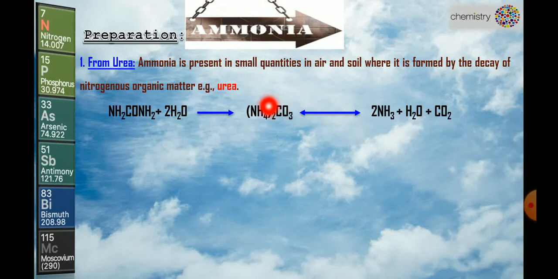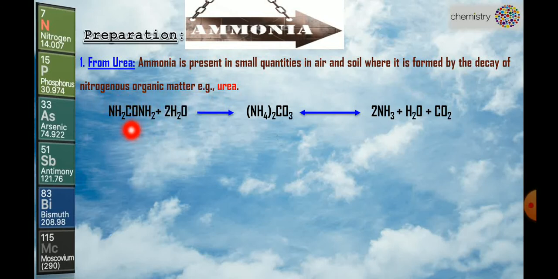Ammonia is present in very small quantities in the air, as well as in the soil. Where is it formed in the soil? It is present in the soil due to the hydrolysis of urea present in the soil, formed by the decomposition of nitrogenous organic matter.